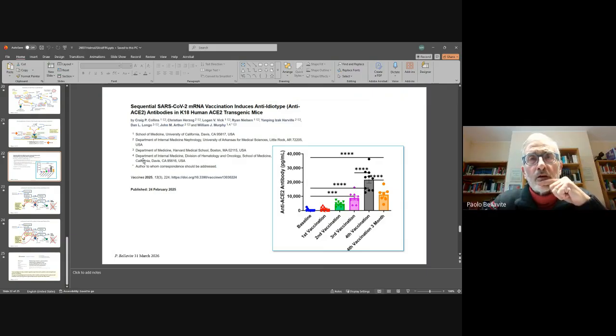The problem, of course, is that anti-S antibodies are triggered also by the viral infection, and a vaccinated patient can come in contact with the virus, and the disease can show flares, can have new manifestations, new clinical derangements due to the infection with SARS-CoV-2.